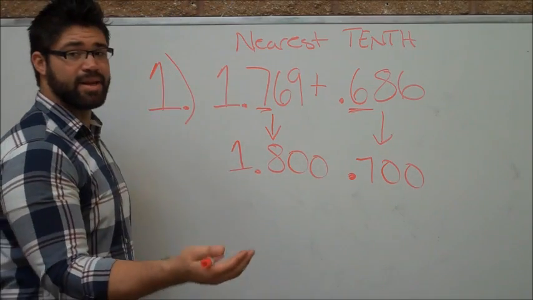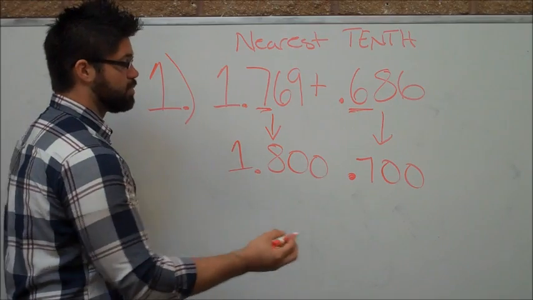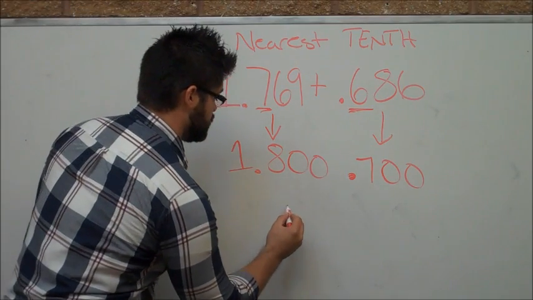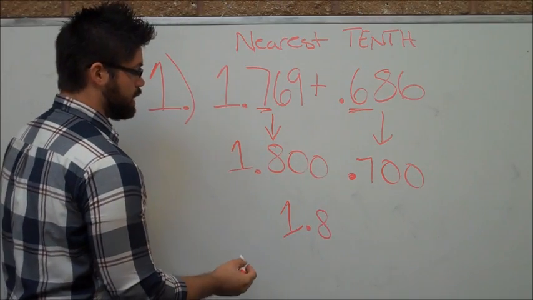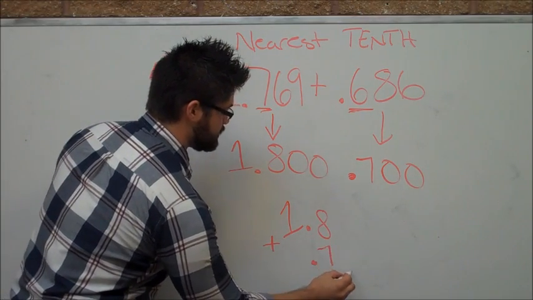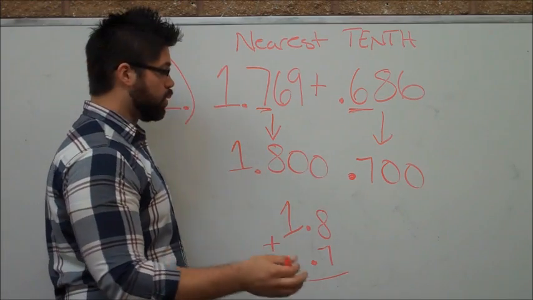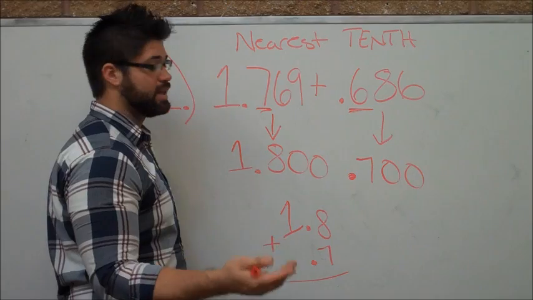So now to estimate this to the nearest tenth, all I have to do is add my two numbers. So remember, when we're adding decimals, we have 1.8 or 1 8/10 plus 7/10. Remember, it's important, line up your decimals. If your decimals aren't lined up, we're not going to be adding the same place values.